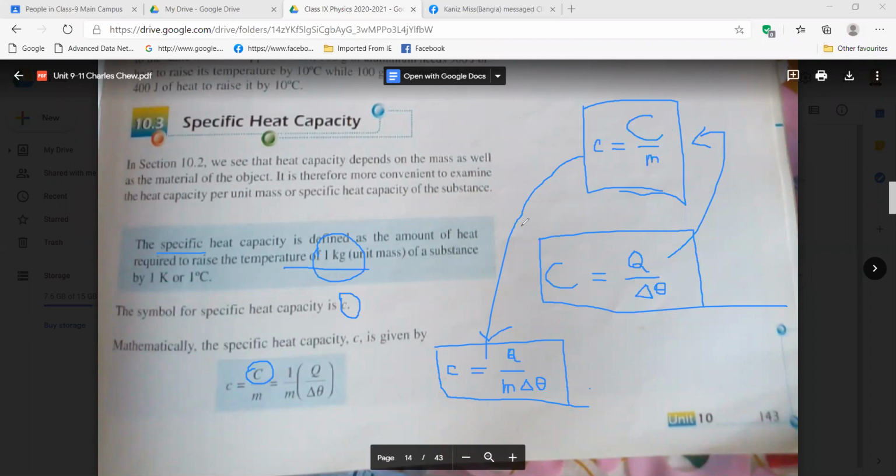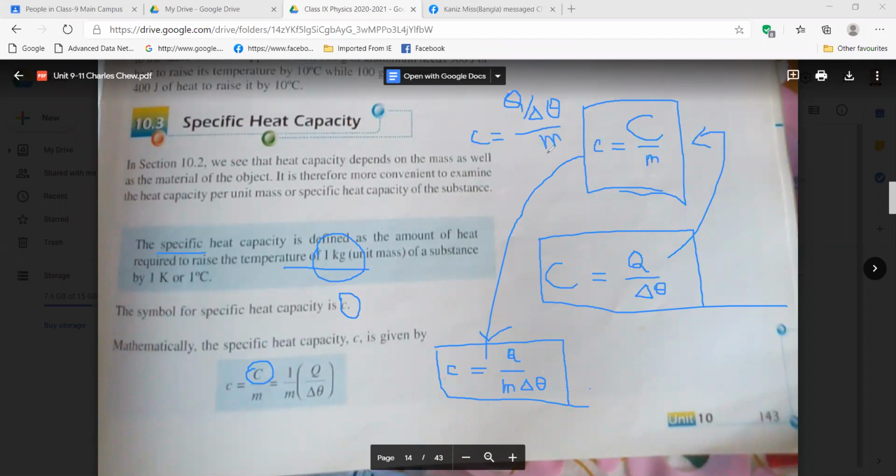Before going to this step, in the middle you can go here. Small c equals, we are replacing capital C with this one, Q by del theta, by M, right? Can you write this?